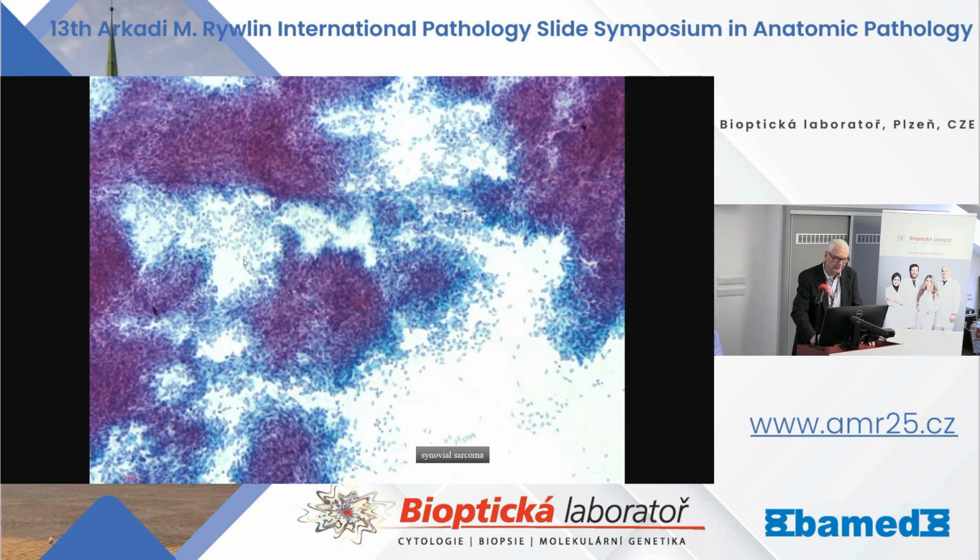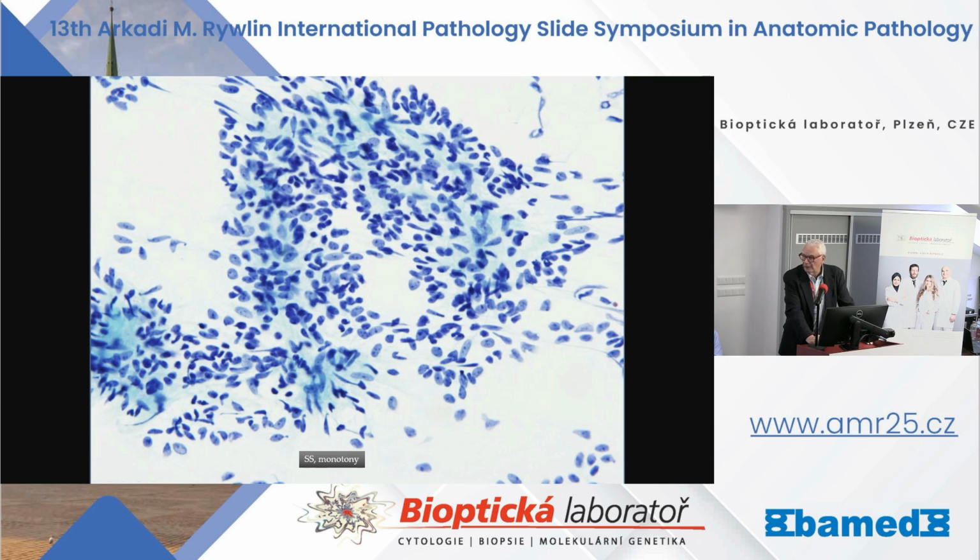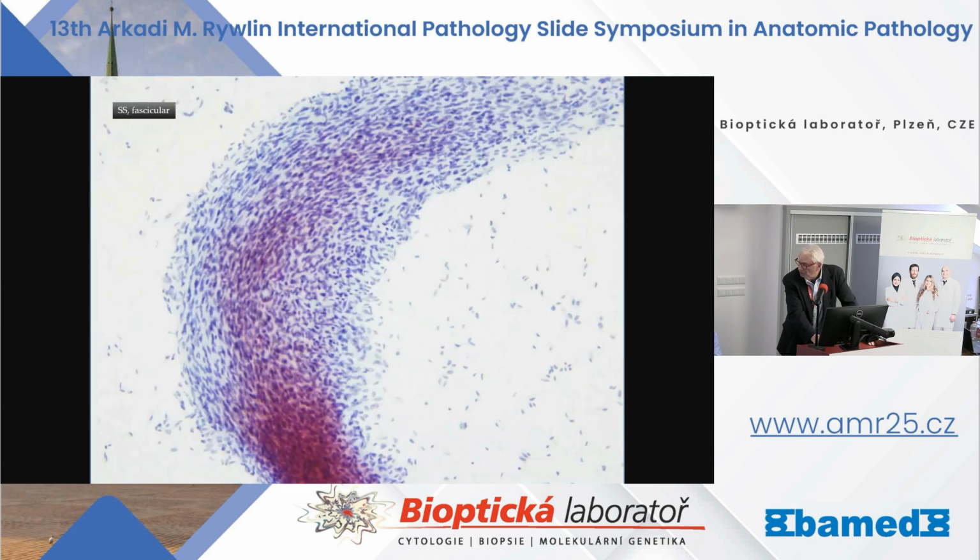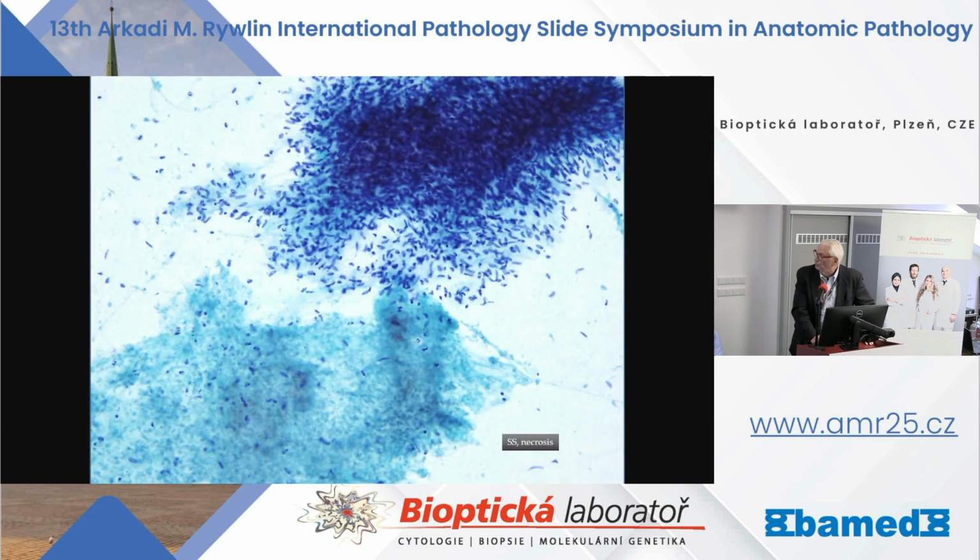And once you do that, you can see that these are very monotonous or isomorphic cells. They have rounded nuclei, they have ovoid nuclei, some have spindled nuclei. Many of them have minimal to no cytoplasm, very monotonous as the figure says there. In some cases, and this is a different case, they can show a fascicular pattern. In other cases, you can actually have necrosis associated with it.